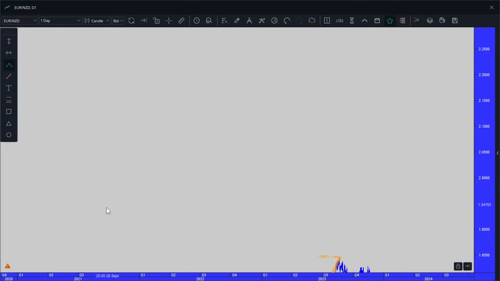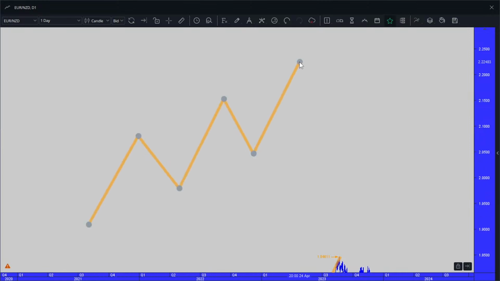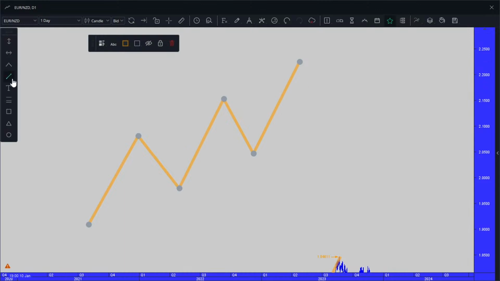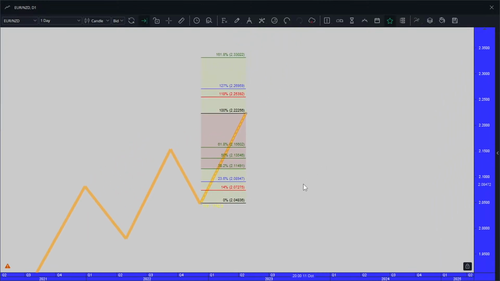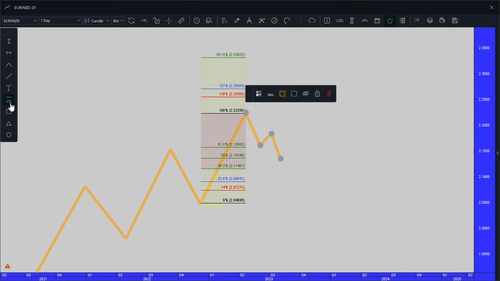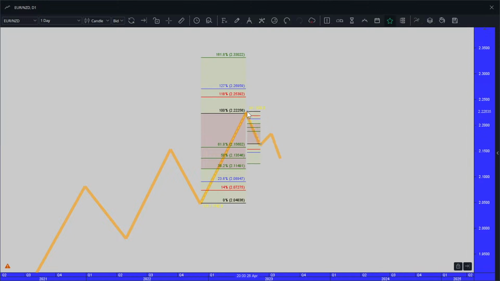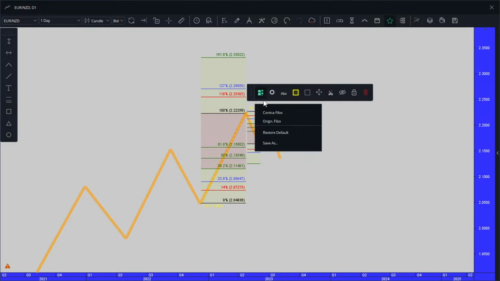Well, let me see if we get online. So let's say that this is the original Fibonacci, all right? And then you have something like this. Then this is the contrarian Fibonacci, but I'm not sure if I'm answering your question.